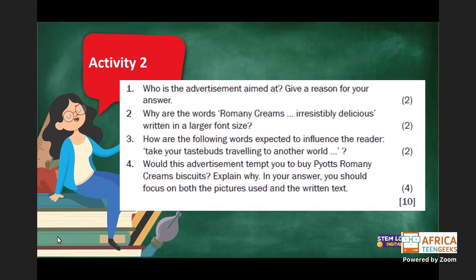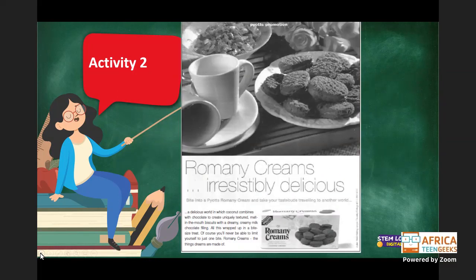Okay. I will read it again. But let's just go back there. All right. So the question is, would the advertisement tempt you to buy Payot's Romany Creams biscuits? Explain why. And in your answer, you should focus on both the pictures used and the written text.